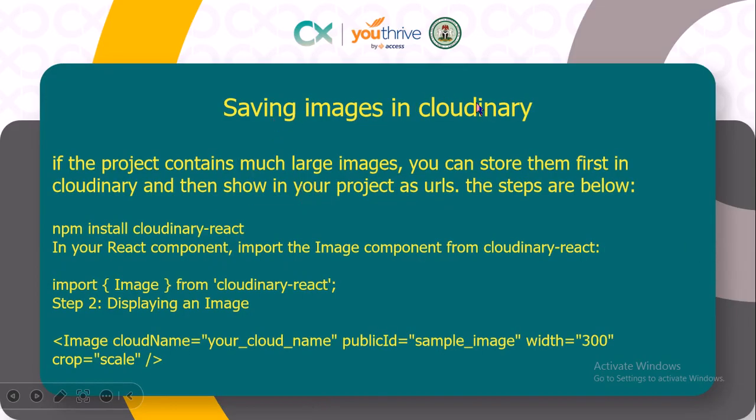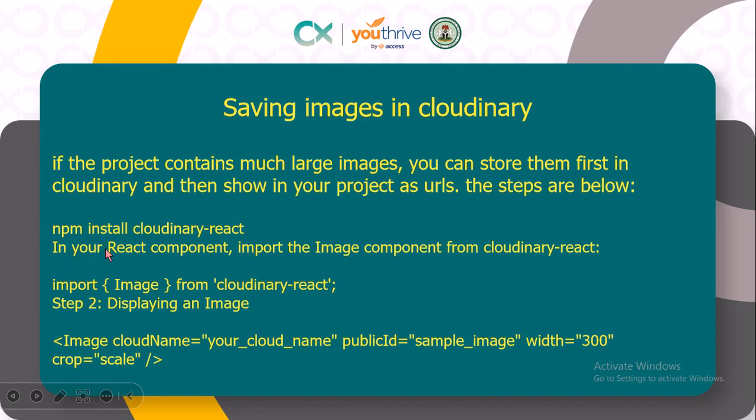Then, saving images in Cloudinary. Now if the project contains many large images, or even if they are not large in size but large in number, you can store them first in Cloudinary and then show them in your project as URLs. Now the steps are below. We are going to run npm install cloudinary react.